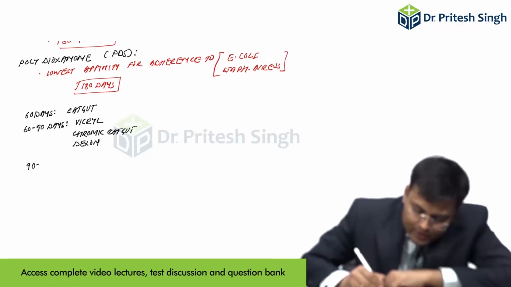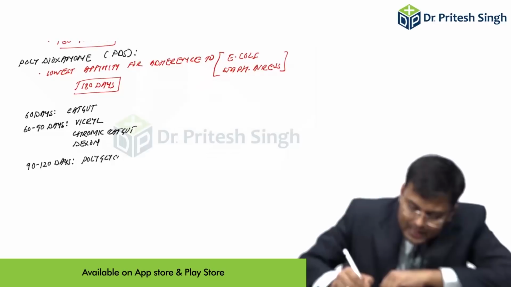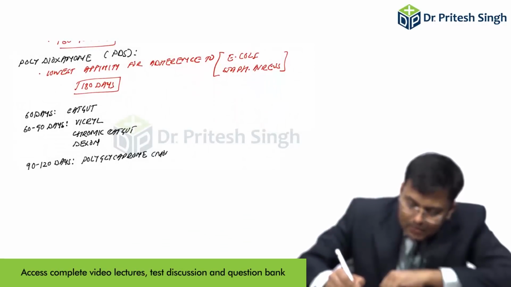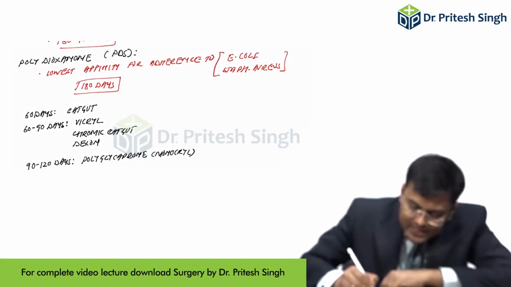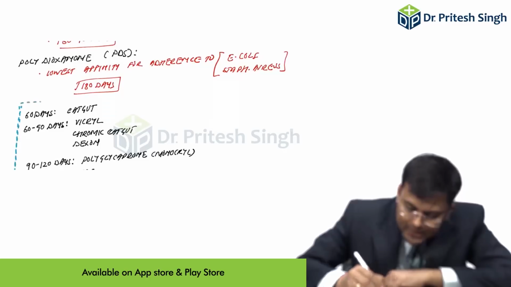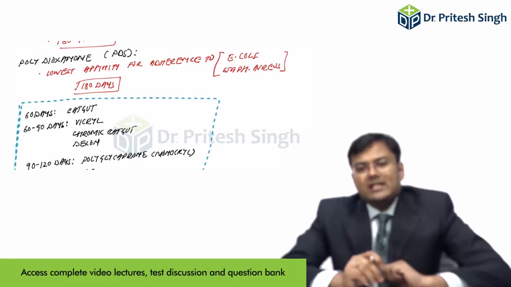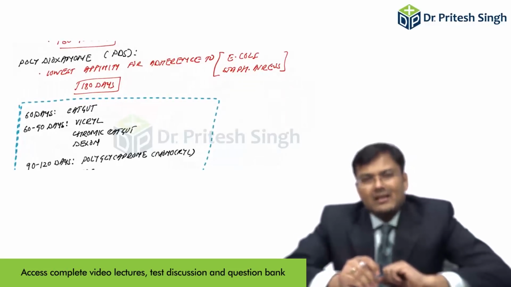In 90 to 120 days, polyglycaprone, which is also known as monocryl. And 180 days, PDS, which is also known as polydioxanone. So these are the questions which are frequently asked, about which suture is absorbed in how many days.